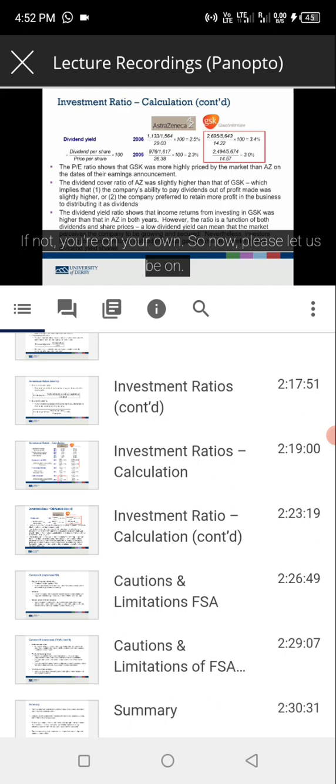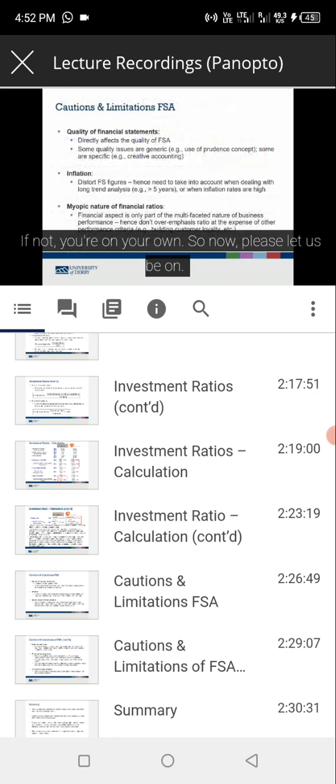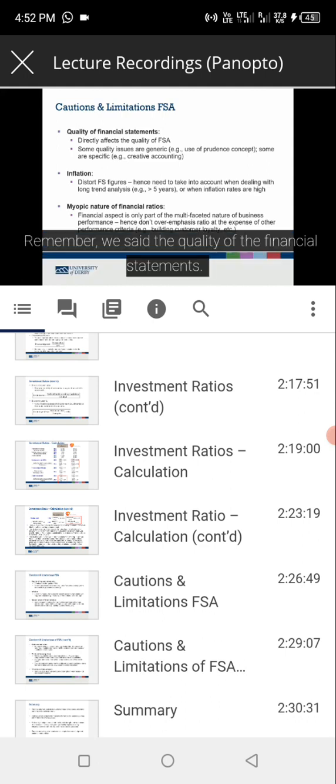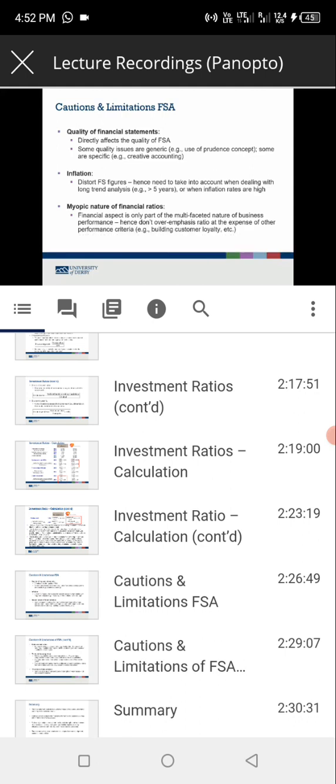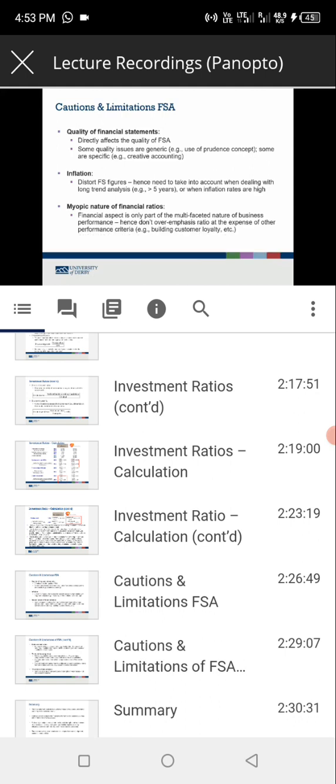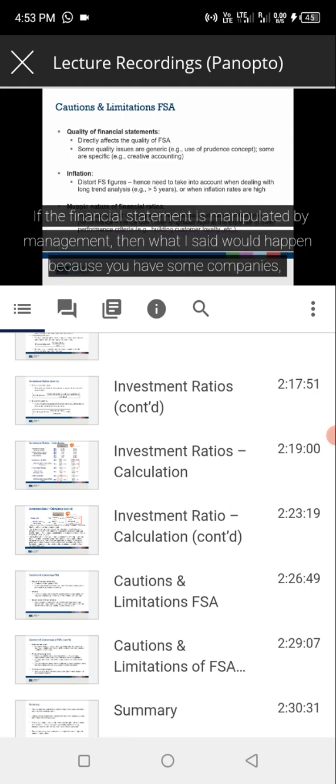So now, please, the lecture is still on, we have not finished. So, cautions and limitations. Remember, we said the quality of the financial statement has a direct impact on the quality of your ratios. If the financial statement is manipulated by management, then what do you think will happen?